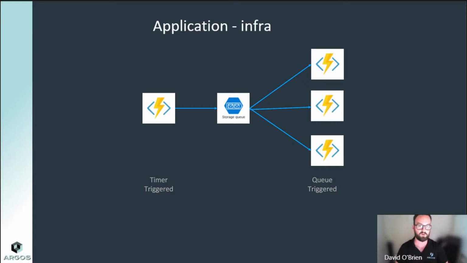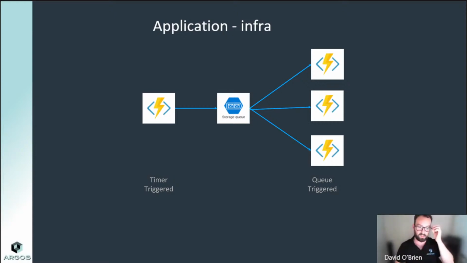For our application, we're heavy users of queues, storage queues. What the application does is it scans cloud environments. As I mentioned, the CSPM, it scans cloud environments for certain configuration, and we execute many scans.